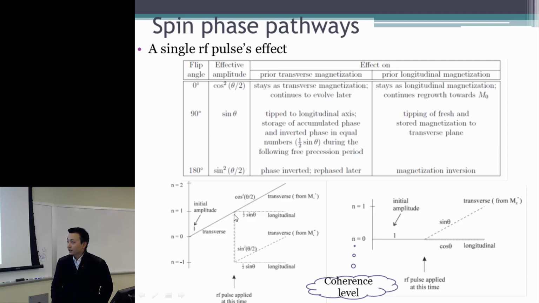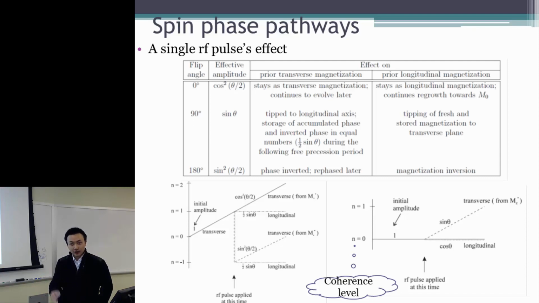For the part of the magnetization that is not affected by the RF pulse, it will continue to develop phase in the same direction and at the same rate. For those that experience a 90 degree pulse, they will be flipped back to the longitudinal axis.